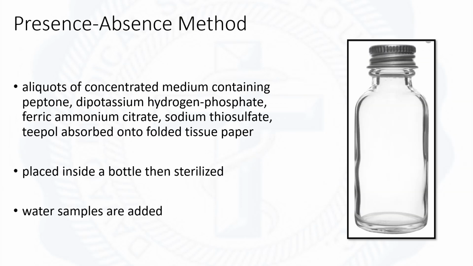In the presence-absence method, class, you have a container, usually a bottle, with a folded tissue paper inside, and that folded tissue paper will contain aliquots of concentrated media, which contain the ingredients to support and indicate the presence of organism growth. After that, it's sterilized, and then water is added to the bottle.